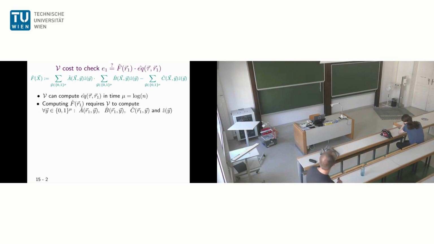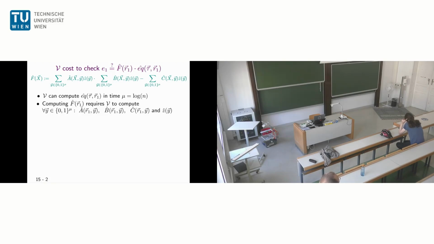But what about evaluating f at some random point? So here, as a reminder, you see that evaluating this at a random point will be terrible. So lots of sums will require exponentially much work in mu.